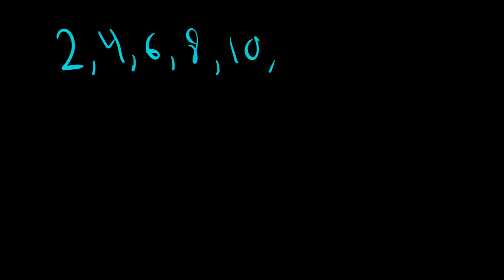So to explain this, we could agree that 2 is a factor of 4 and 6. And then we have our multiples of 2.